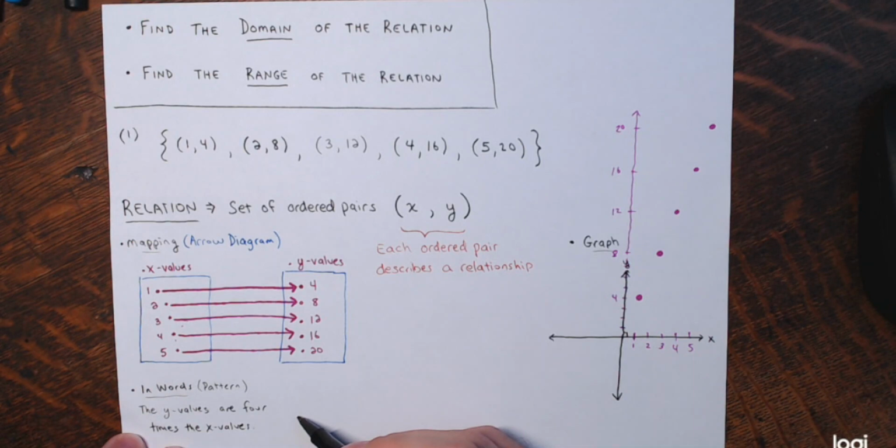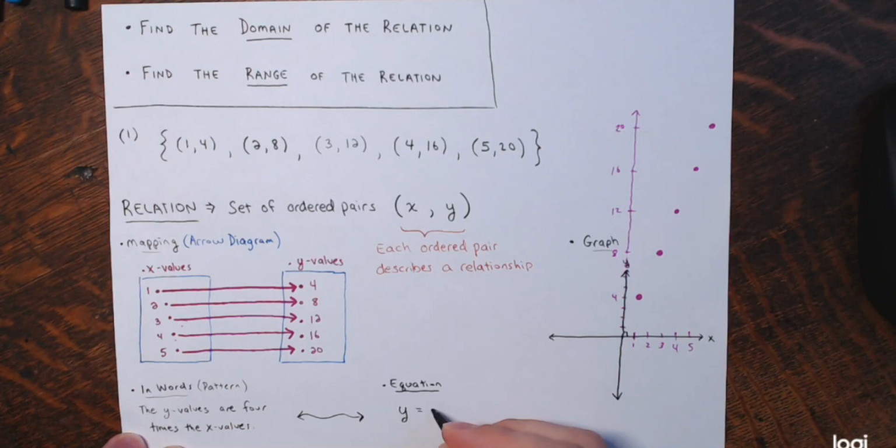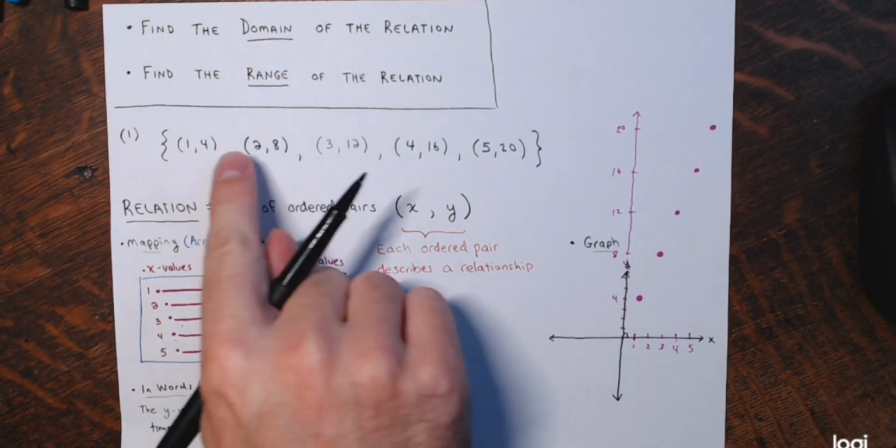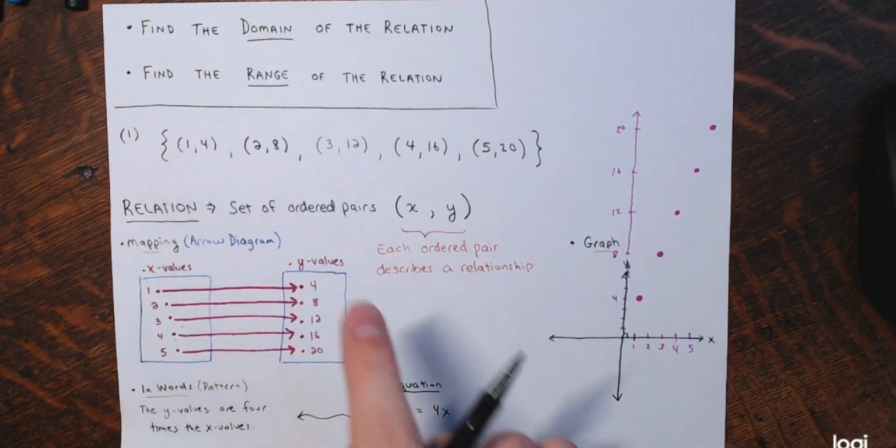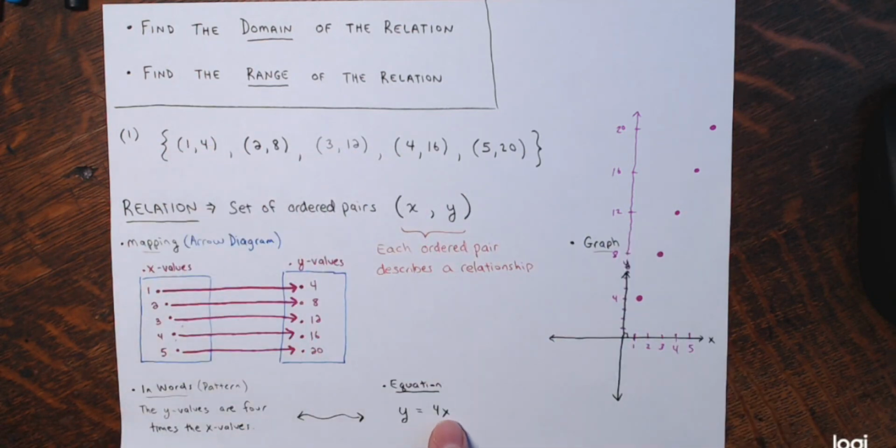Now here's the thing: if you can describe it in words, then you should also be able to write an equation for that relation. If you can see a pattern for which you can describe it in words, you should also be able to write that out as an equation. I just said the y coordinate is equal to 4 times the x coordinate. So for this particular set of ordered pairs, y equals 4x.